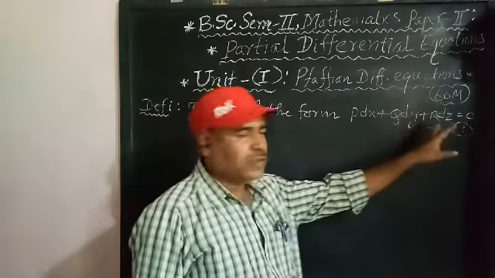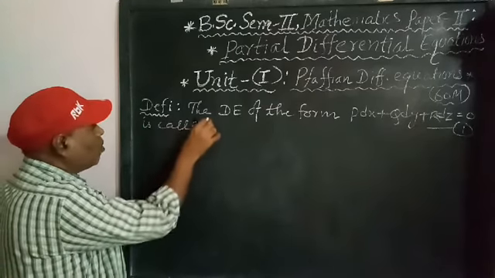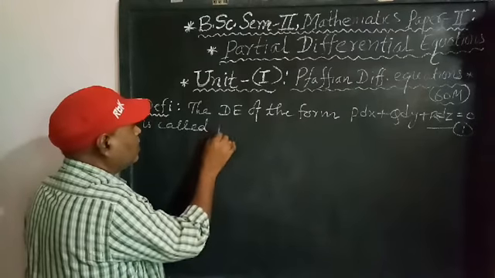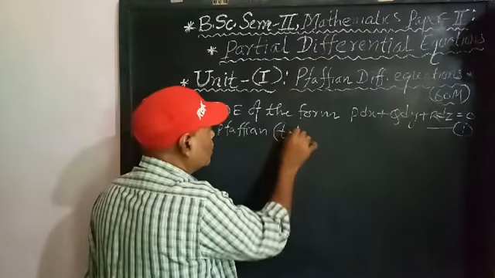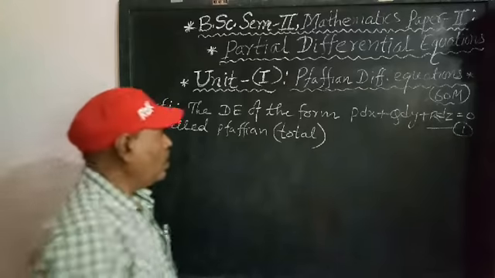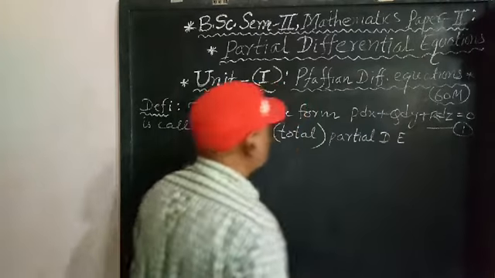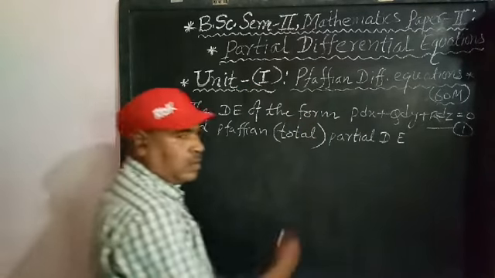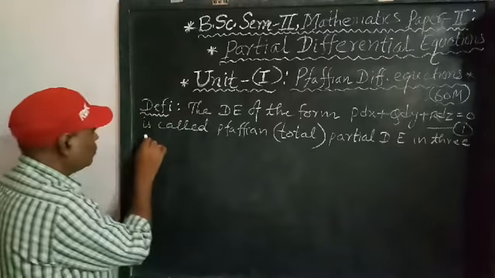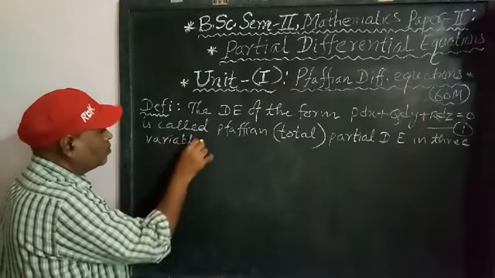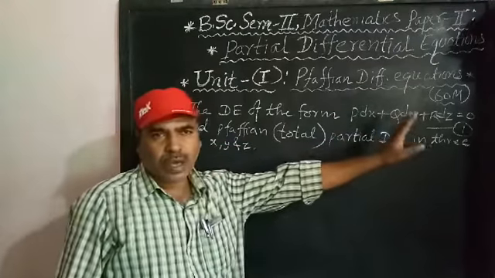The equation of the form P dx plus Q dy plus R dz equal to 0 is called Pfaffian, or we can say total, Pfaffian or total partial differential equation in the three variables x, y and z. Now here this P, Q, R are the functions of x, y, z.